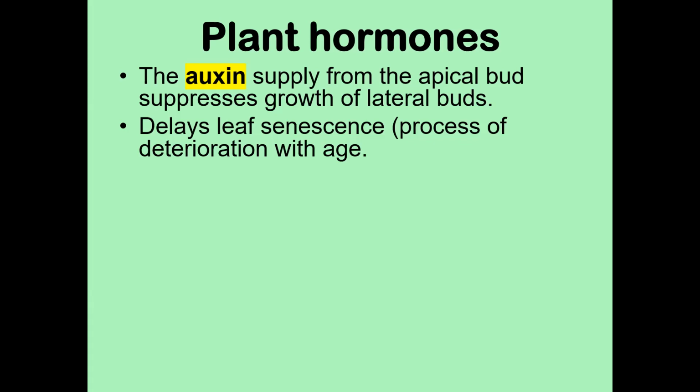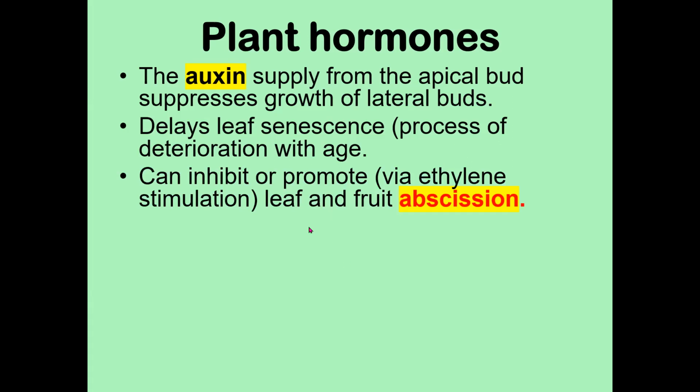So if a plant needs as much food in the growth period as it can, it'll delay this process of dying of the leaf. It can inhibit or promote leaf and fruit abscission.